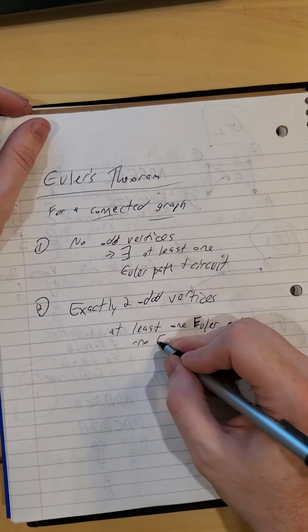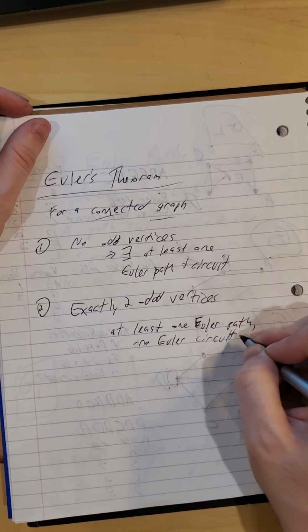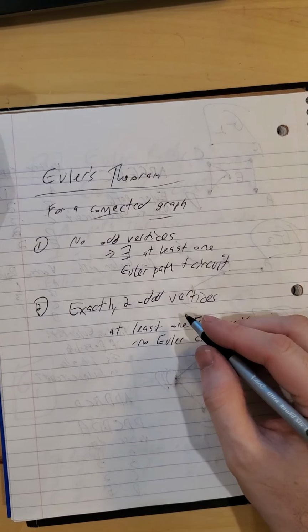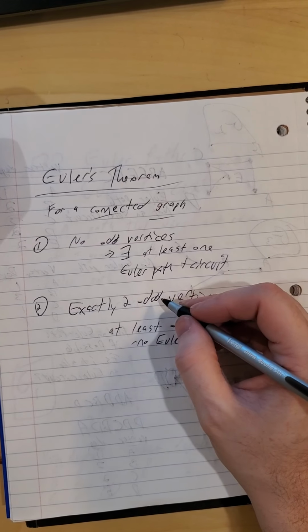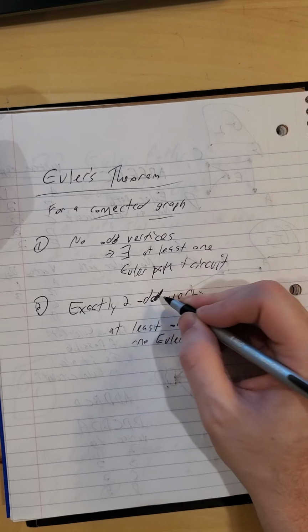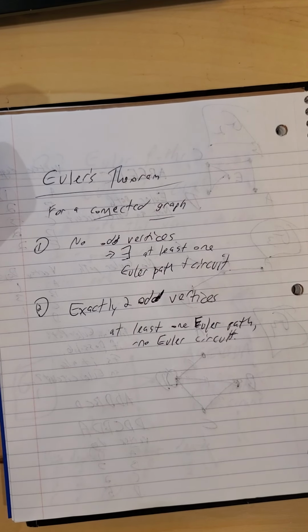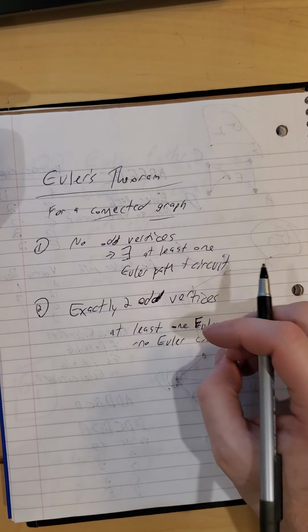No Euler circuit. So exactly 2 odd vertices. 2 odd vertices, at least 1 Euler path, no Euler circuit possible.